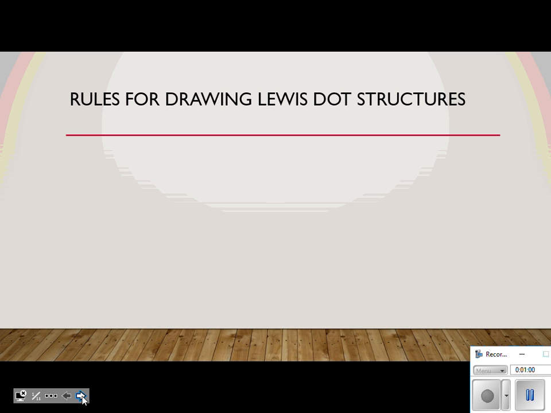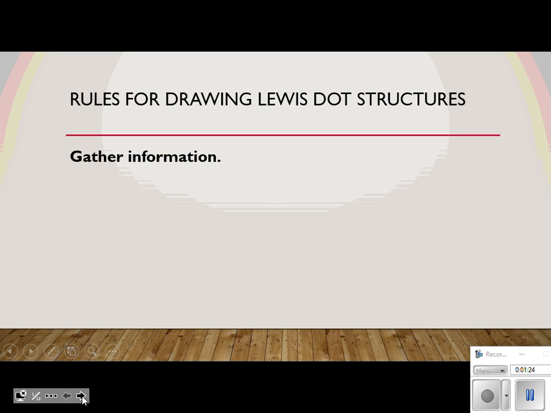And it's a little bit outside the box. But when we are drawing these Lewis dot structures, we're dealing with the electron dot notation of the elements.